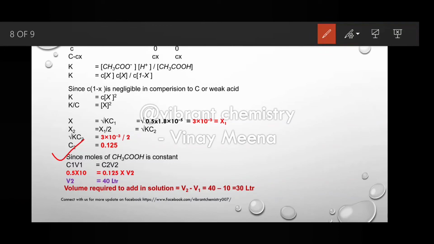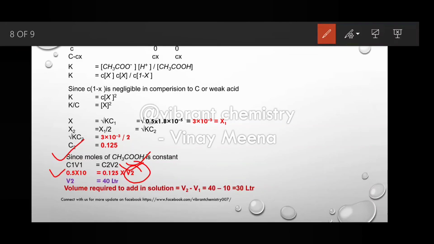So C1 V1 represents the number of moles of acid in the first condition, before dilution, and C2 V2 represents the number of moles of the acid after the dilution. When you compare these two, you get both equal. Let V2 be the volume of acid after the dilution.